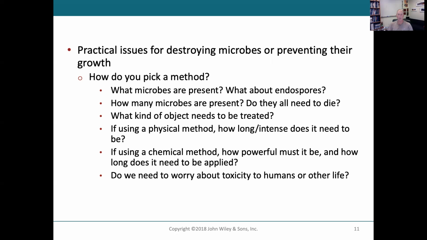How sturdy is it going to be, etc.? And how much do you need to worry about toxicity to humans or other life forms? For example, are there potential ecological consequences? Is there potential risk of toxicity to humans who happen to encounter it? So these are all things to think about.